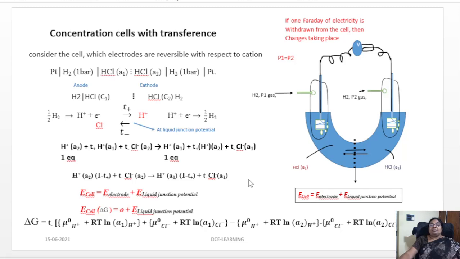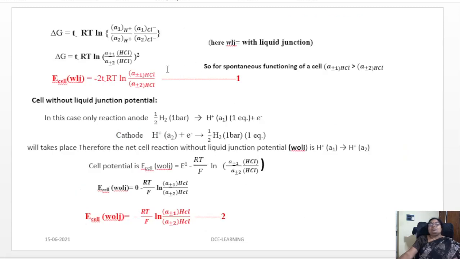By substituting and rearranging, finally you get delta G equals T minus RT ln of the activities of H plus and Cl minus at A1 over the activities of H plus and Cl minus at A2. Overall the activities are squared, therefore delta G equals 2 T minus RT ln of A1 HCl over A2 HCl. That is equation 1.